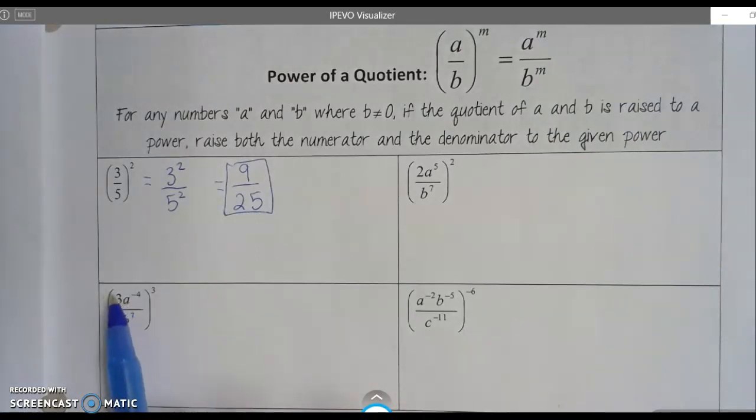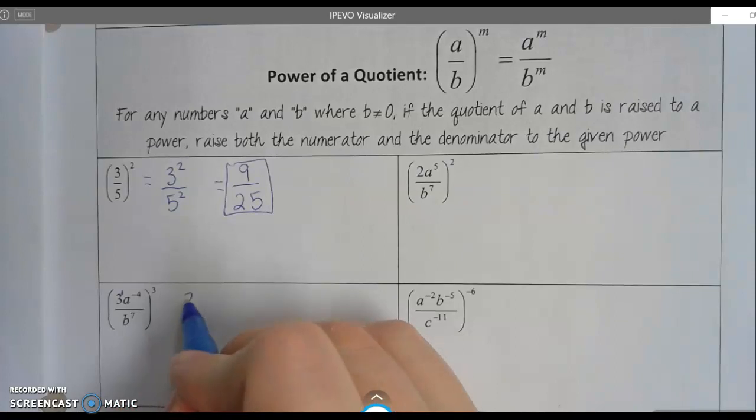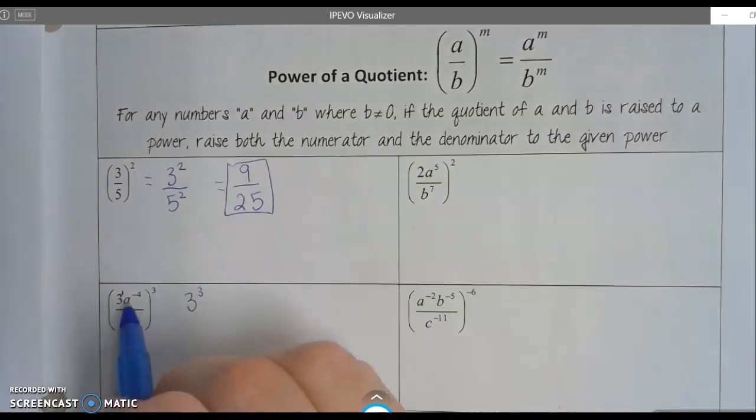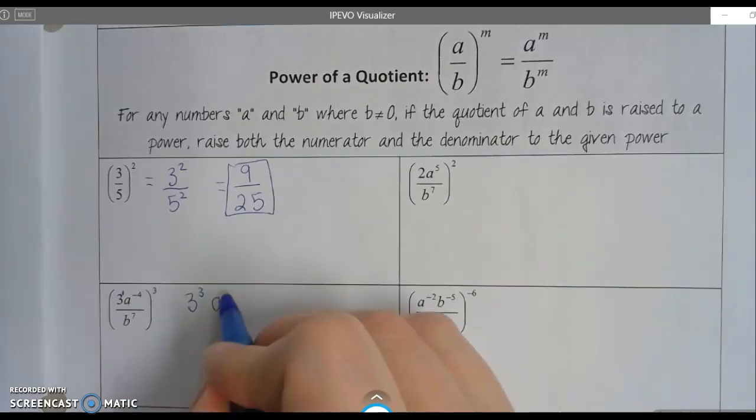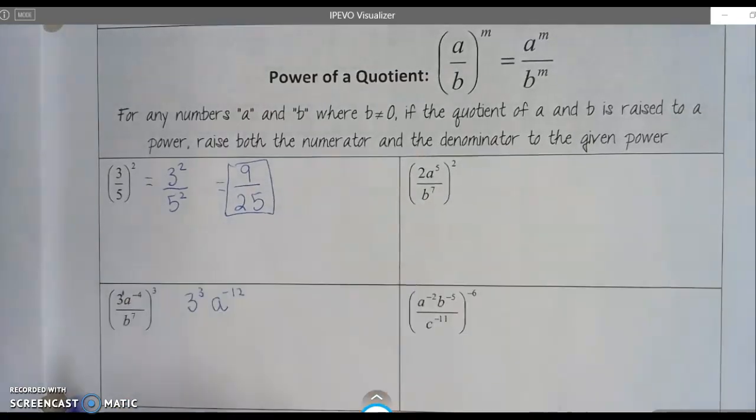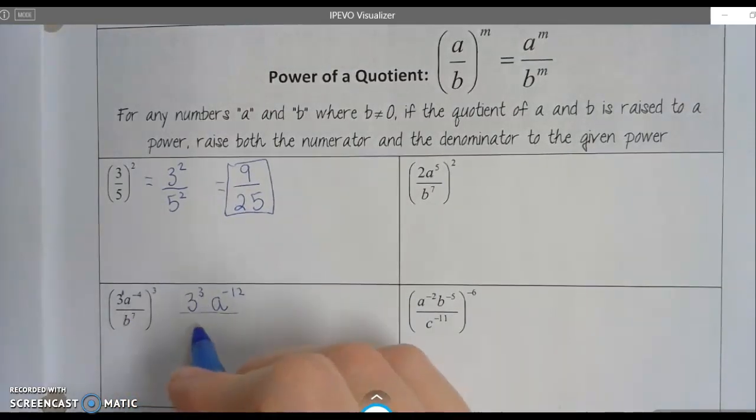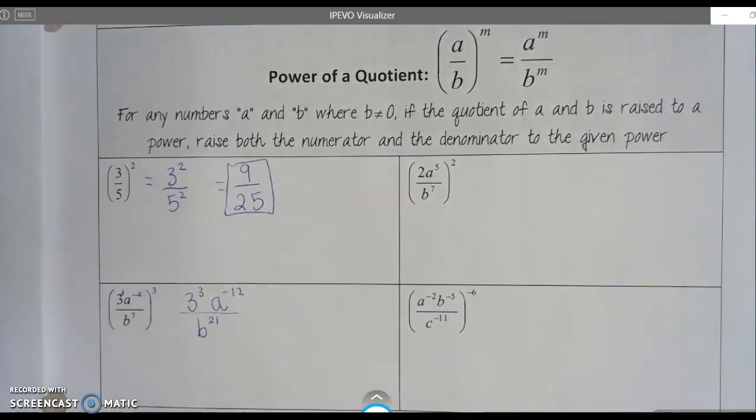Now let's look at the problem below. On this problem, we must start by cubing each piece. So 3 to the first cubed becomes 3 cubed. A to the negative 4th cubed, you have to multiply your powers, you get a to the negative 12th, over b to the 7th cubed. 7 times 3 is 21, so it's b to the 21st.